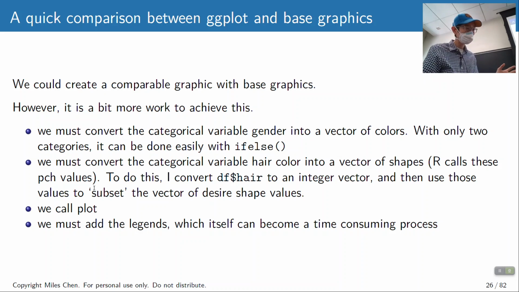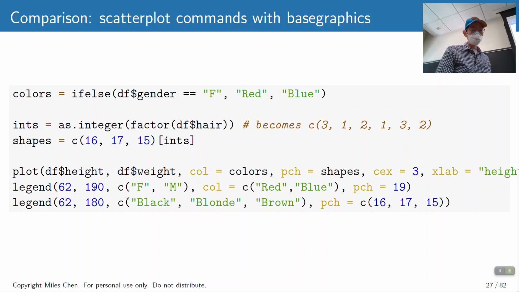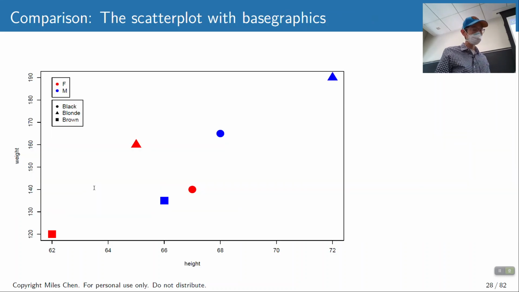If you had more colors, you'd have to use a more complicated statement, but it can be done. You can convert hair color into a vector of shapes. R uses PCH values, and we can do this. Then we call plot. We have to create legends and stuff, and we can do it. And here's our plot.